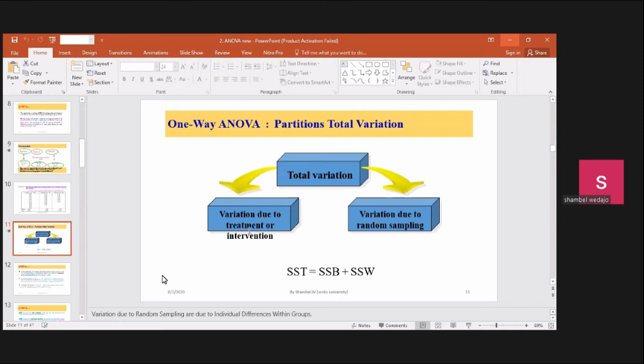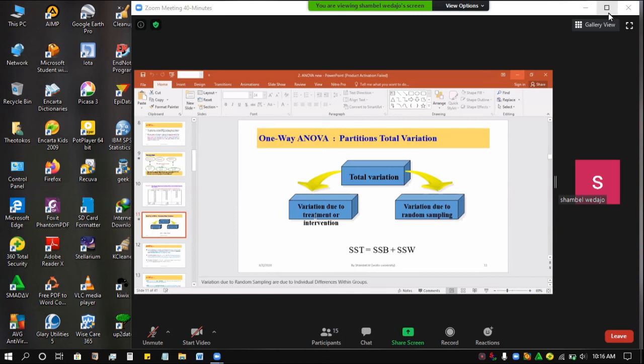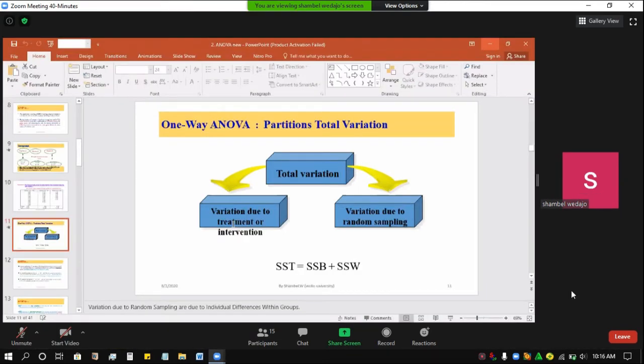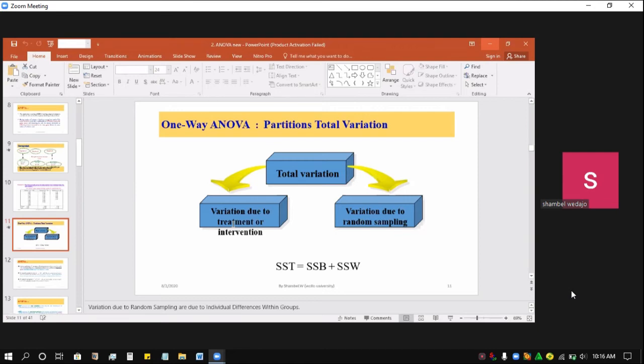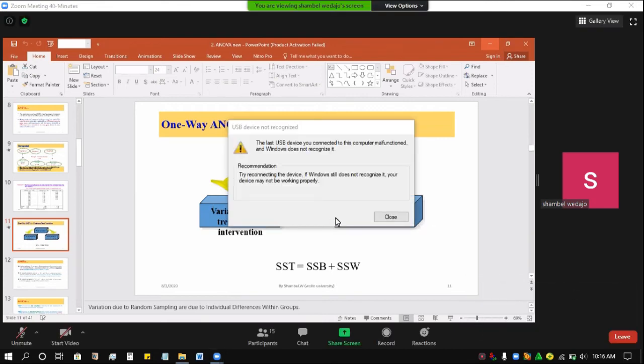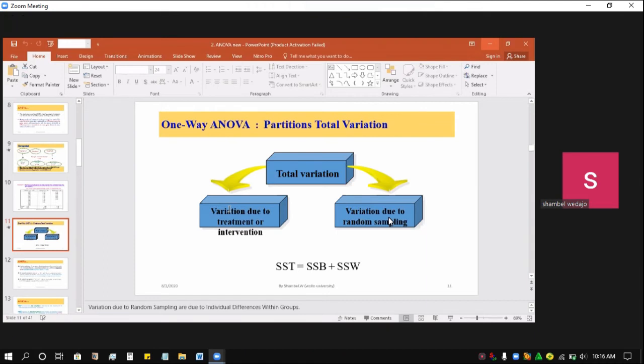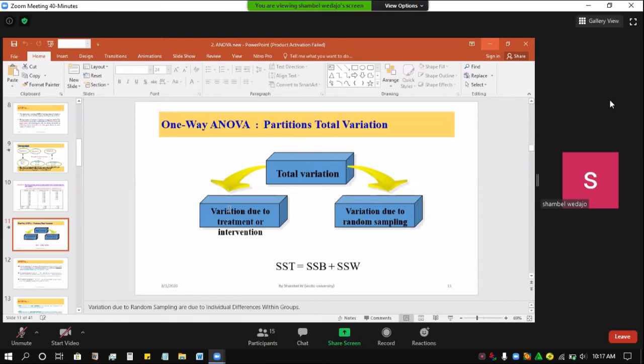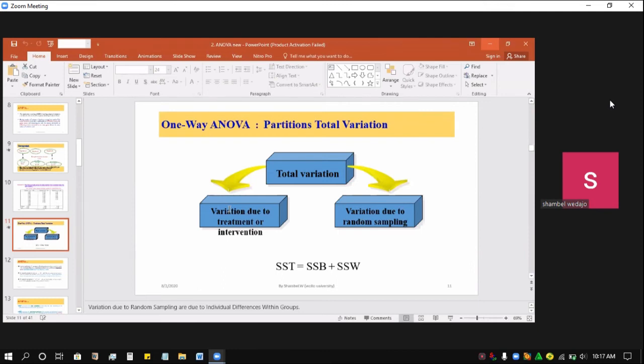So the variation due to treatment or intervention may exist or may not exist. ሊኖርም ይችላል ላይኖርም ይችላል። እናንተ ቴስት የምታረጉት ነገር variation ሊያመጣ ይችላል ላያመጣ ይችላል። So sum square total equals sum square between variation plus sum square within, the variation due to random sampling.